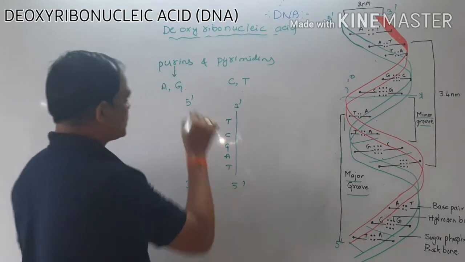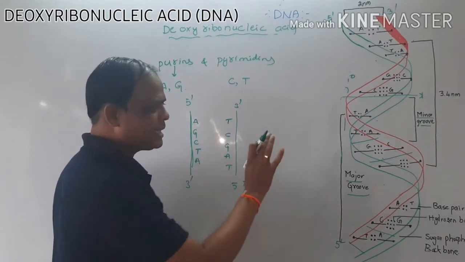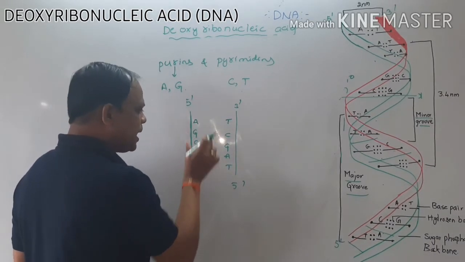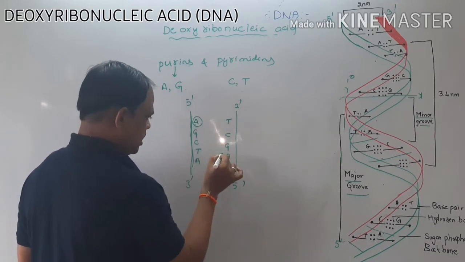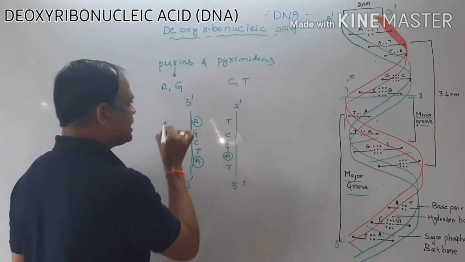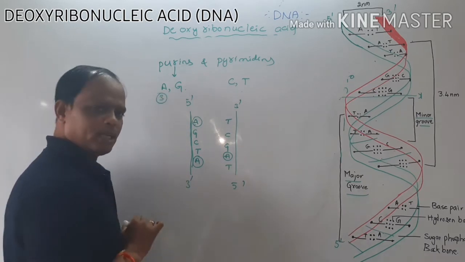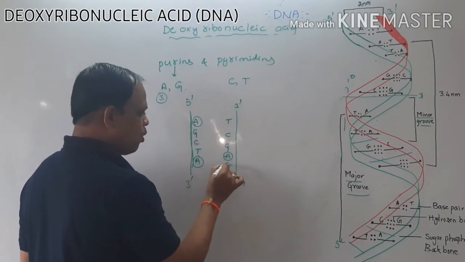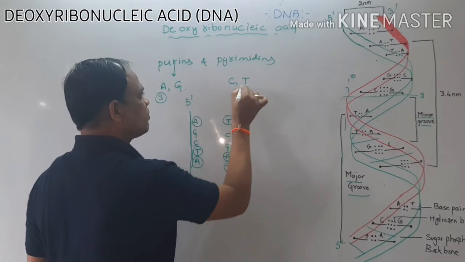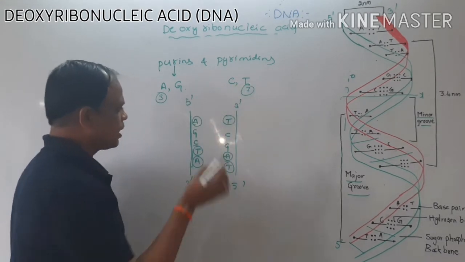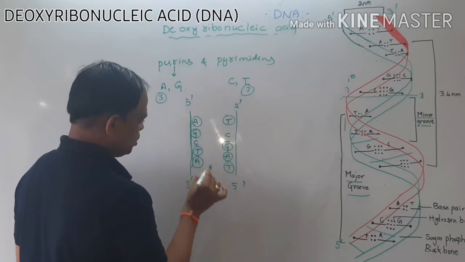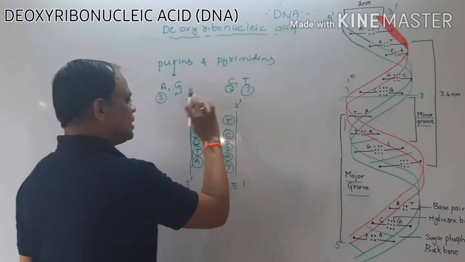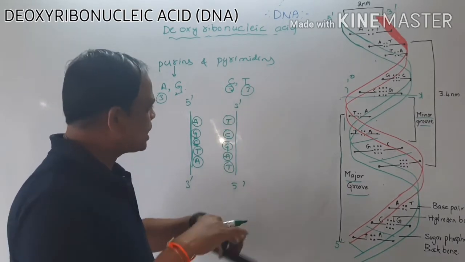Based on Chargaff's rules, the purines and pyrimidines are present in equal ratio. How many adenines are present? 1 and 2. 3 adenines are present. And the thymines are 1, 2, and 3. Guanine 1, 2 are present, and the cytosines are 2. So the purines and pyrimidines are in equal ratio.